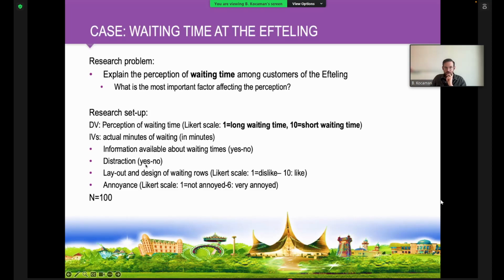Distraction is whether there was distraction in the line, yes or no. Layout and design of waiting rows is whether the survey participants disliked or liked it. Annoyance, in general, is whether the respondents were annoyed or not, where 1 is not annoyed and 6 is very annoyed. We have responses from 100 people.